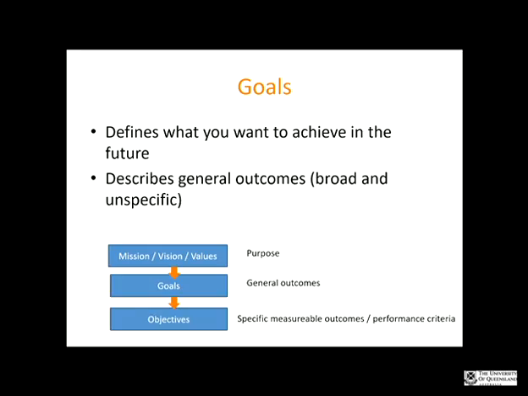And then it's only once you get to objectives that you start to see something specific and measurable, and to do that you're going to need performance criteria. The most important thing though is that the goals should be derived from the mission, vision and values, and so it involves a process of saying, well, what do we need to do in order to be heading directly down the runway for our mission and staying true to our values while we do it.